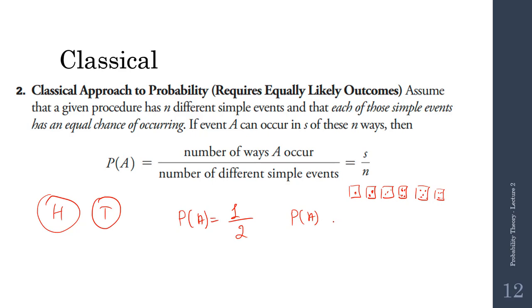And what is the probability that I will get an even number? How many even numbers are here? This is an even number, this is an even number, and this one is an even number. 3 even numbers. So when you roll the die, the probability of getting an even number is 3 divided by 6, which equals 1 over 2. 3 is the number of even outcomes, 6 is all possible outcomes.